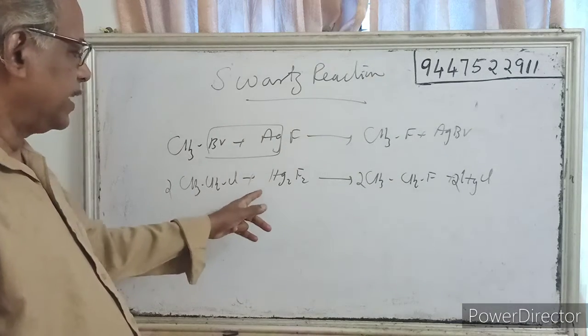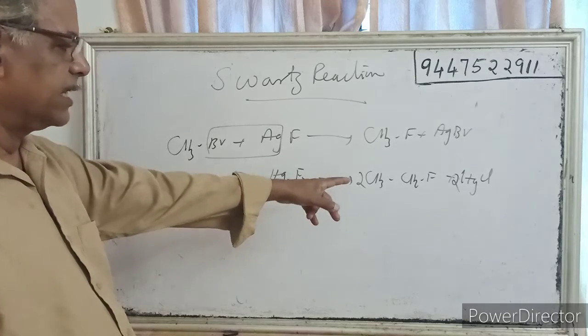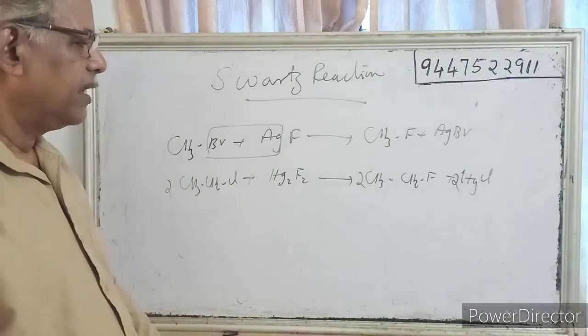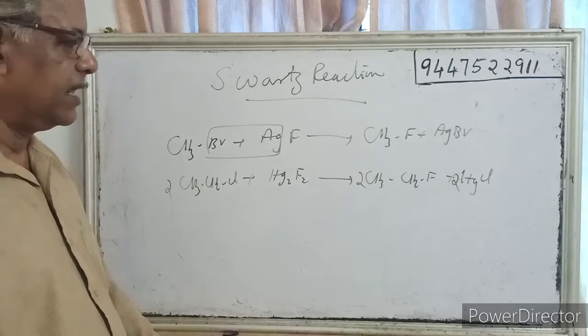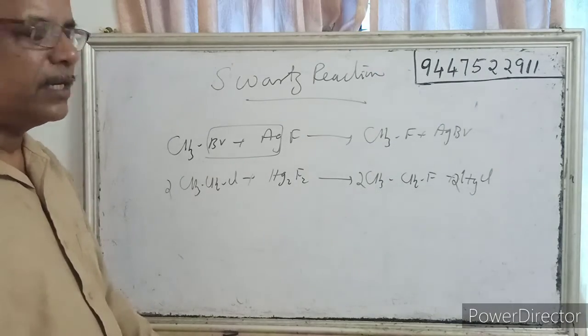So, alkyl halides when reacted with metallic fluorides, silver fluoride or mercurous fluoride, give the corresponding alkyl fluorides, and that reaction is called the Swarts reaction.